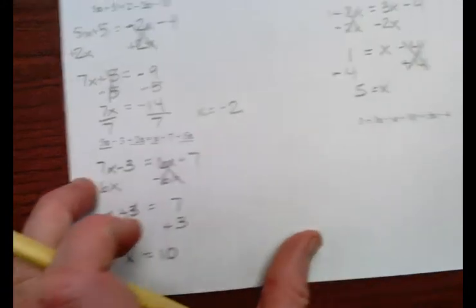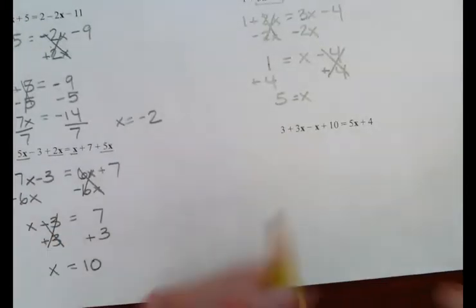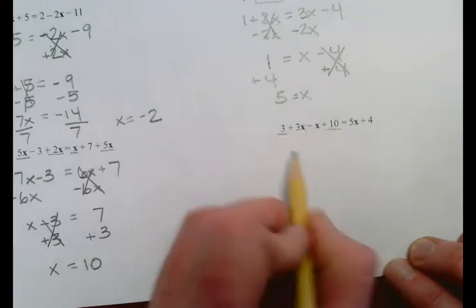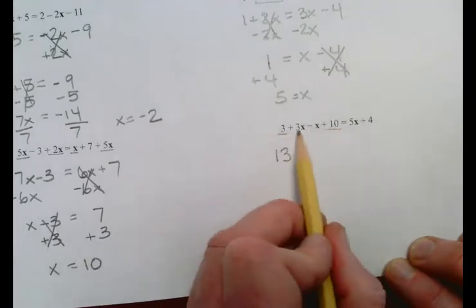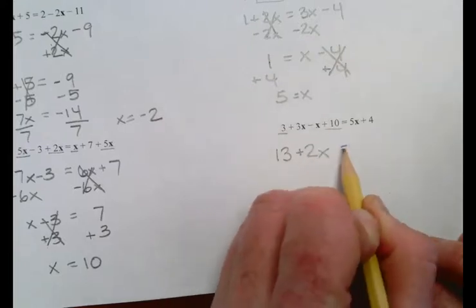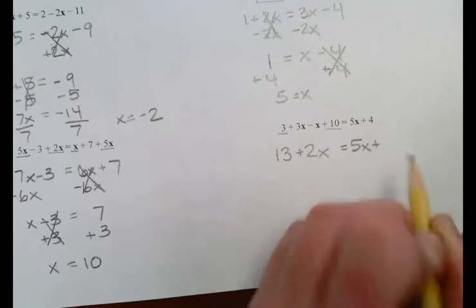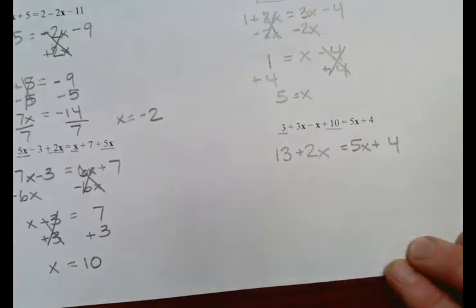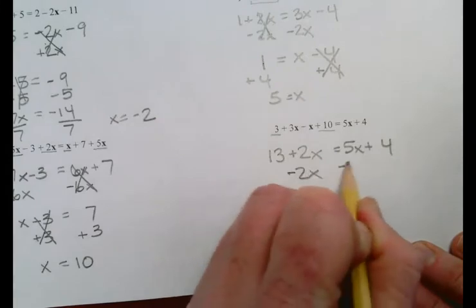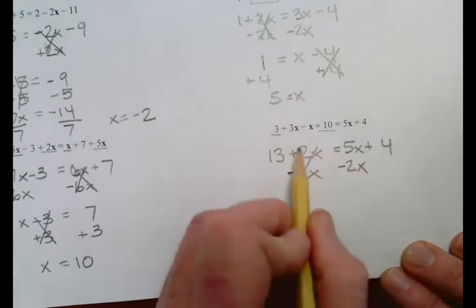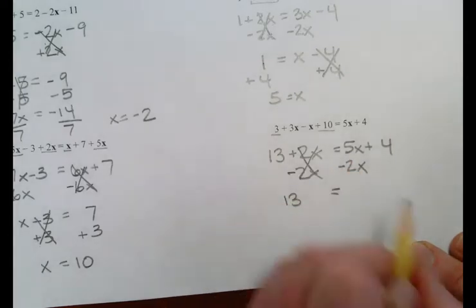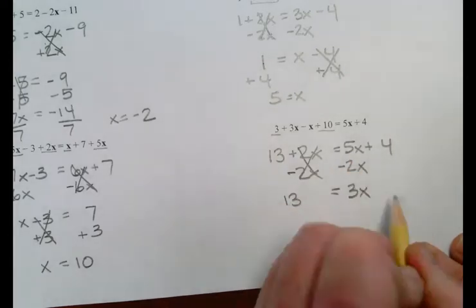Okay. Last one. Okay, so I have a 3 and a 10. 3 and a positive 10, that's 13. 3x minus x, so that's 2x. Okay, we've got to get x on one side, so I'm going to remove 2x. 5 minus 2, it's 3x.